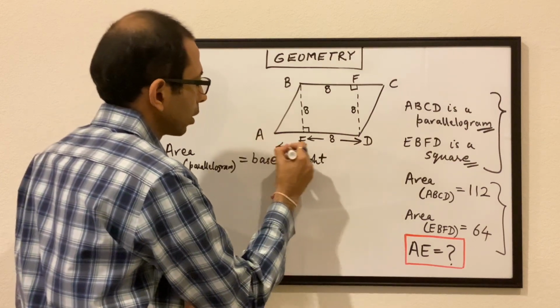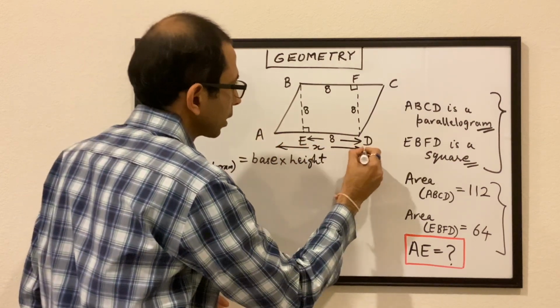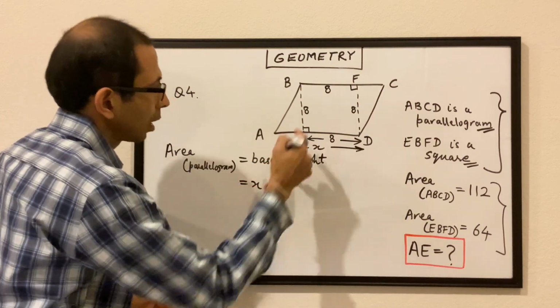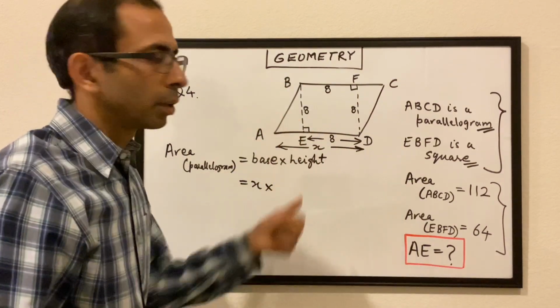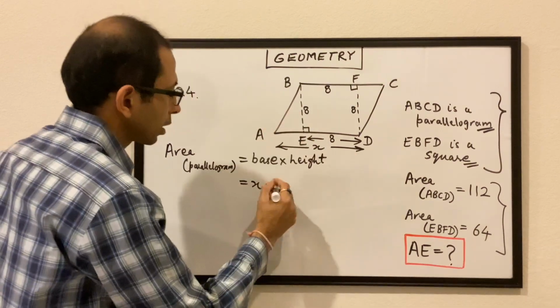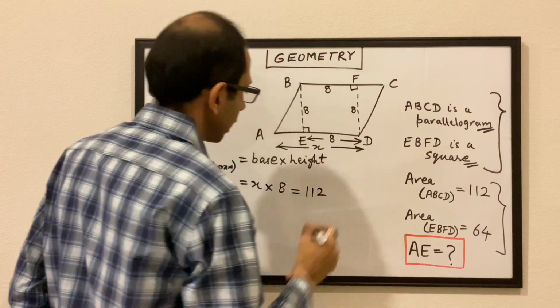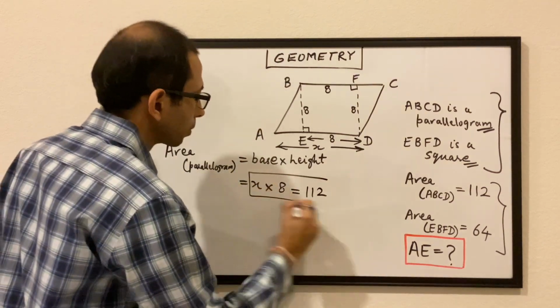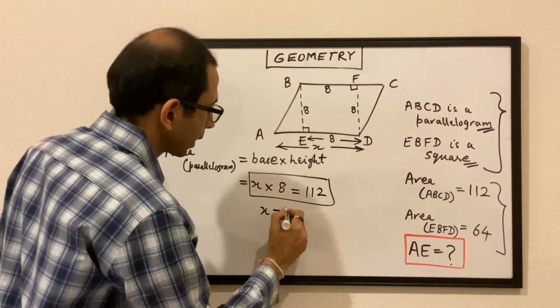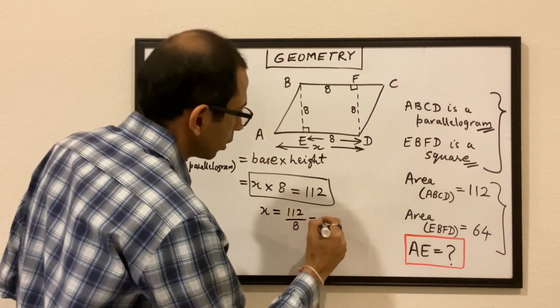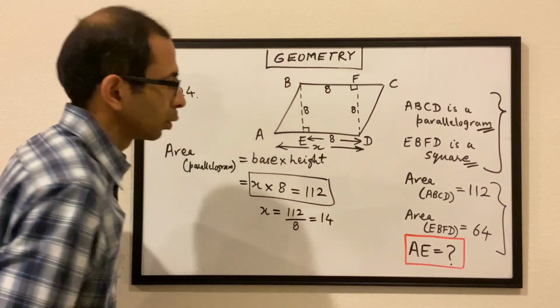Let's say this base is x, correct? So it will be x times height, and the height we already found is 8, right? So x times 8, which is equal to 112, as simple as that, correct? Which gives us x as 112 over 8, which is 14 units.